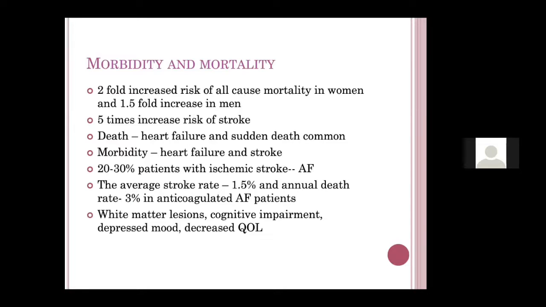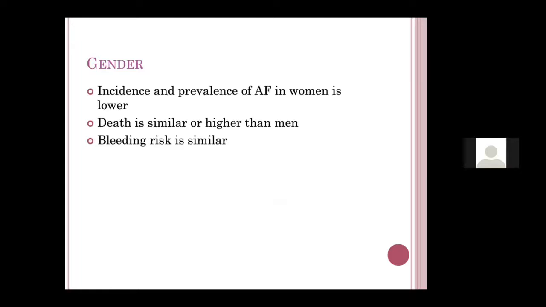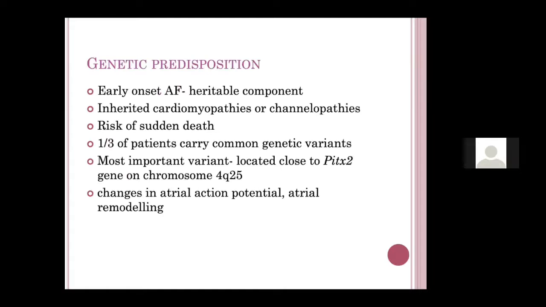So these are the other neurological manifestations of atrial fibrillation. Now, the incidence and prevalence of AF in women is low. However, the death rate is similar or higher as compared to men. Though the incidence and prevalence is low, the mortality is almost the same or more than in the male population. And bleeding risk is similar in both the male and female populations.